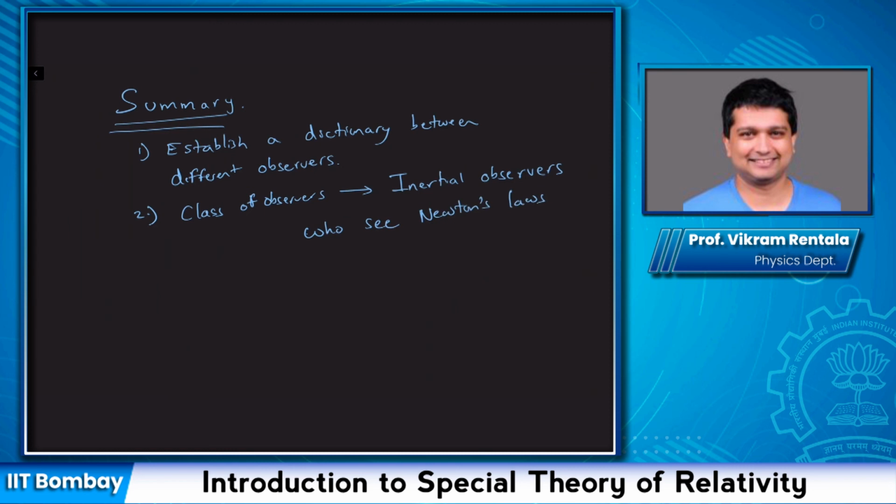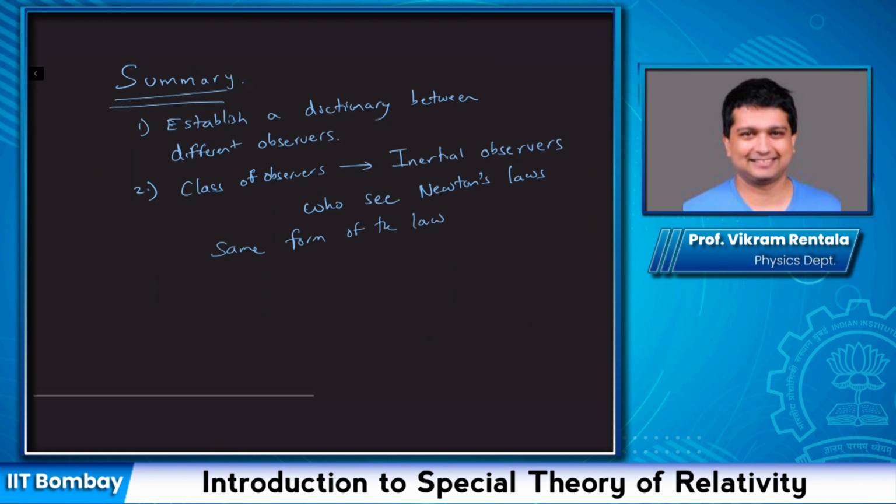Which means each of these observers sees Newton's laws. They don't experience any pseudo forces. They see the same form of the laws. They see exactly the same form of the laws, but you need to translate between their different ways of describing the same physical system. Okay?